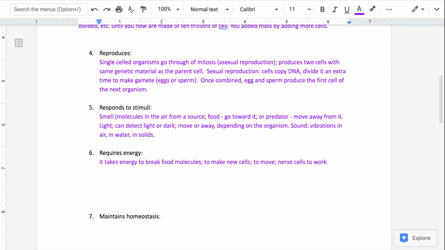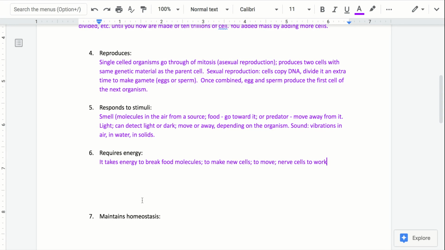Even plants use energy just to pump elements, molecules, things like sodium and nitrogen and things like that into and out of the plant.